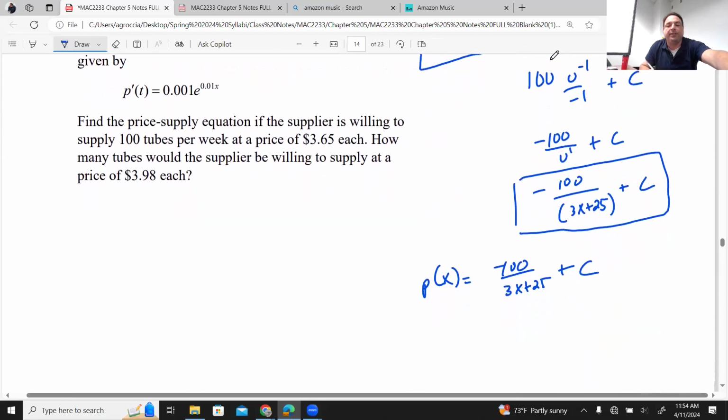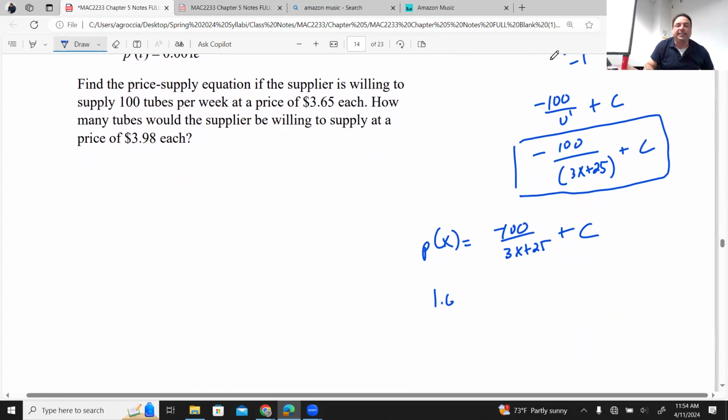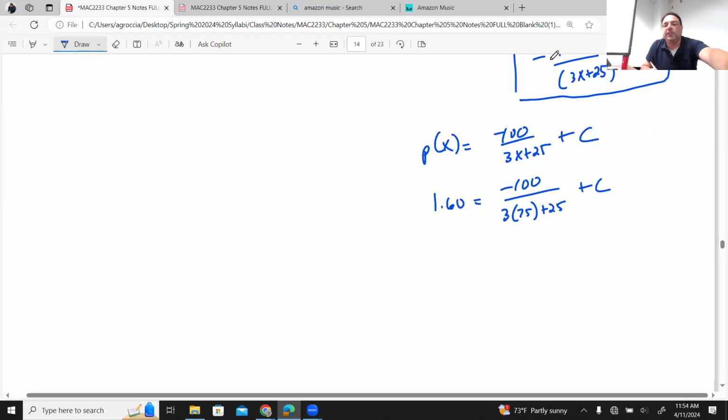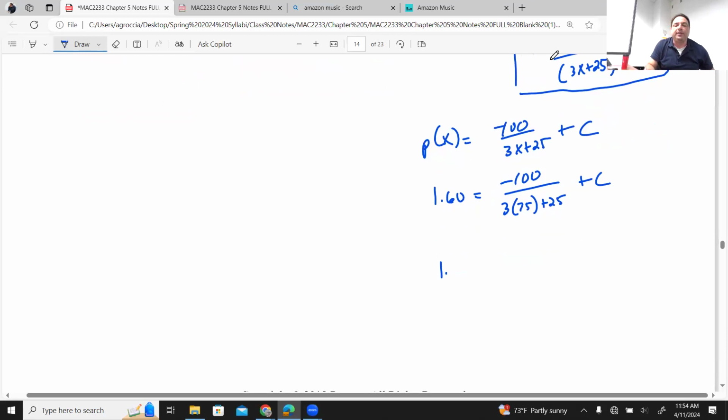So I can now put price is $1.60 when x is 75. So I can do the work to find c. So that becomes a 160. This would be, trust me, if you did 3 times 75 plus 25, all of that is going to be 250. So we have negative 100 over 250 plus c.